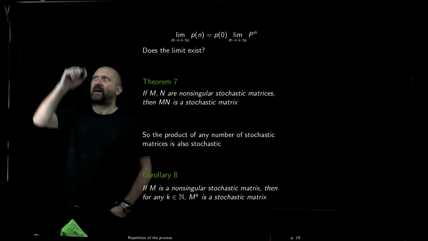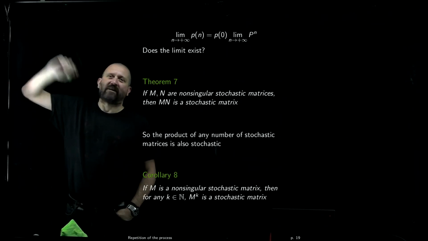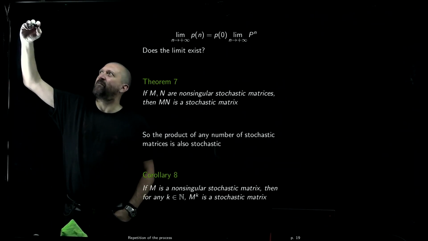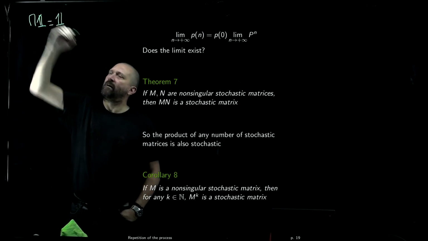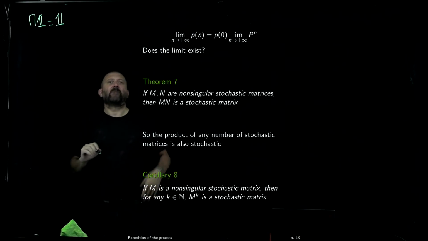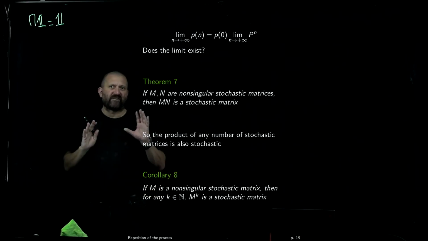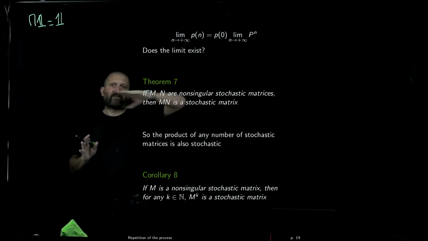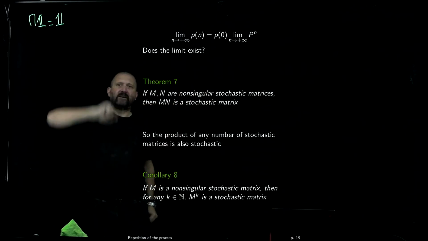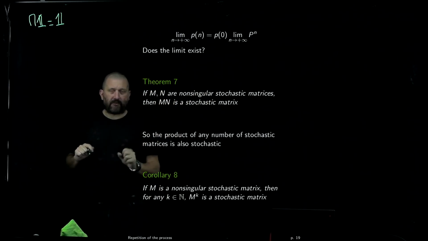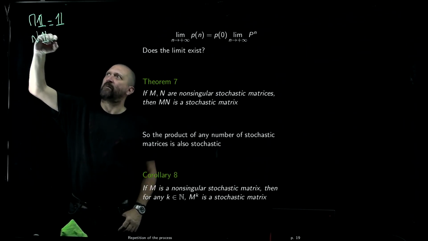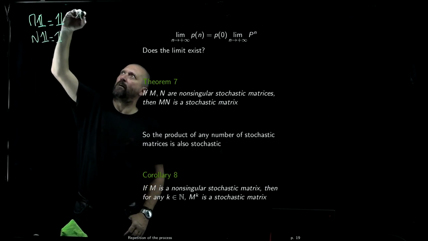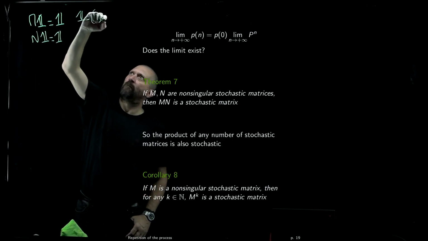So if M and N are stochastic matrices, it means that M times the vector of ones is equal to the vector of ones. I'm going to assume that they're both stochastic by rows, so when I sum the row, I get a vector of ones, and N is the same. I should indicate that 1 here is just the column vector with only ones.